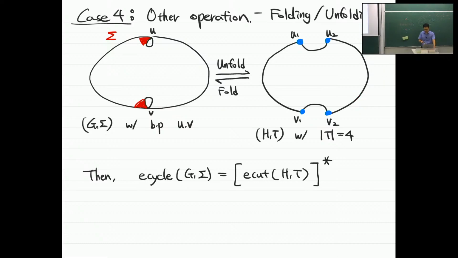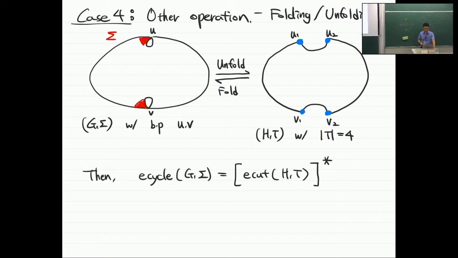Then consider a terminal set U1, U2, V1, V2, and our new graph is H. Then the size of T is always 4, and the folding is a reverse operation. Then there is a lemma saying that each cycle of G sigma is a dual of Evencut of H T.